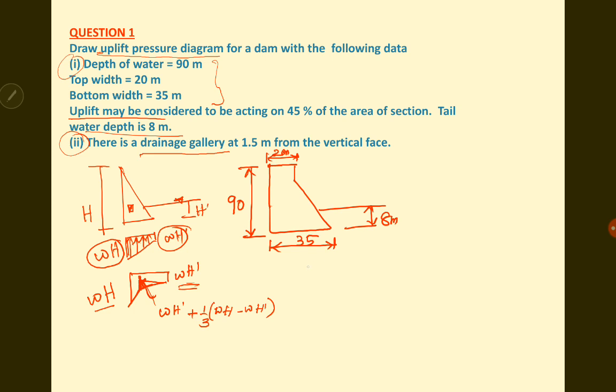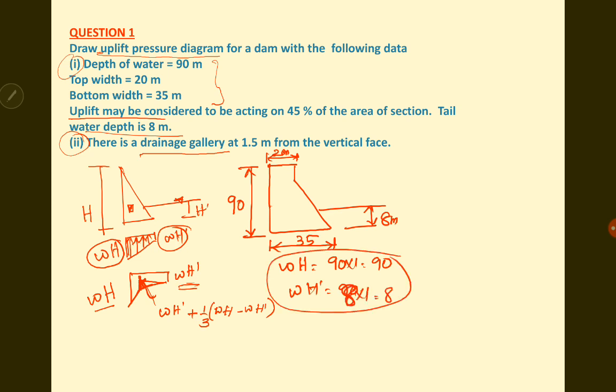Now what is the value of gamma into H, or otherwise W into H? W into H will be equal to 90 into 1, which is 90. W into H dash is equal to 8 into 1, which is 8.